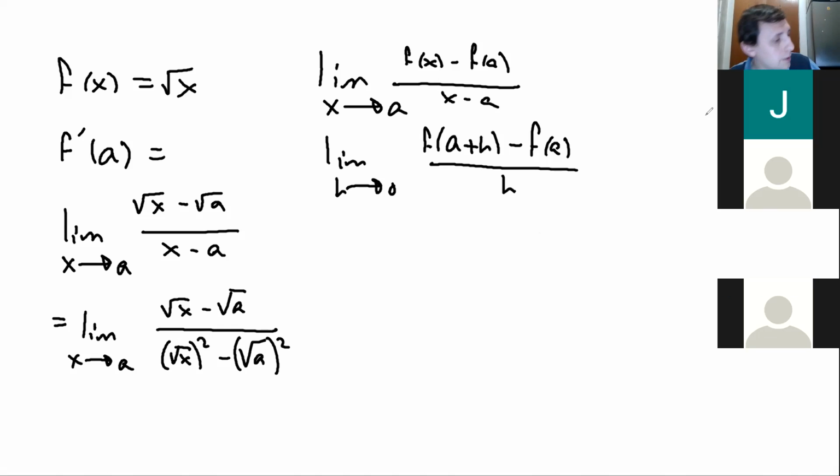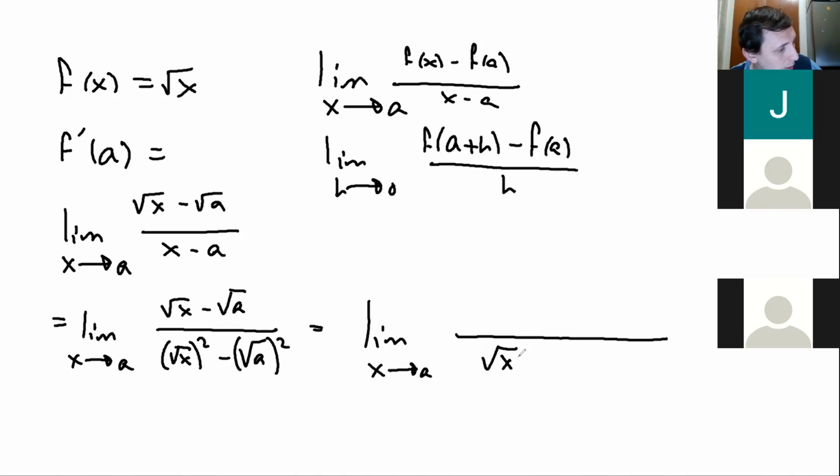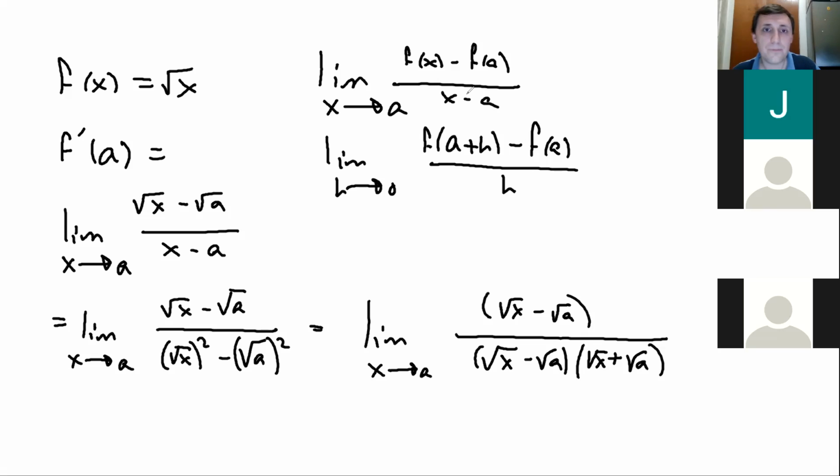And now I can factor the denominator. That becomes root x minus root a times root x plus root a. On the top, it's root x minus root a. This goes away.